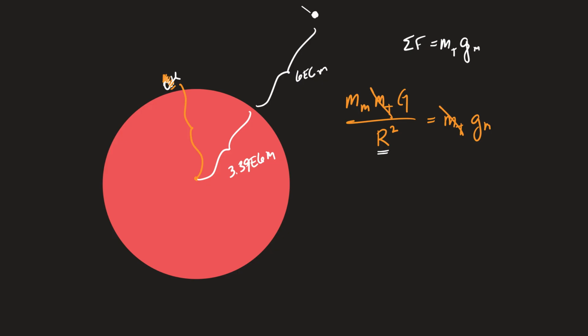But Phobos is moving, right? It has a velocity because it's going around Mars. So because it has a velocity, there must be a centripetal acceleration acting on Phobos to make sure that it goes in a circular path around Mars. So it will not be this G that we're talking about.